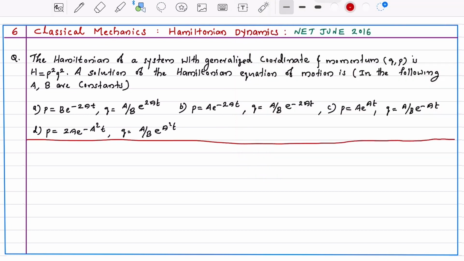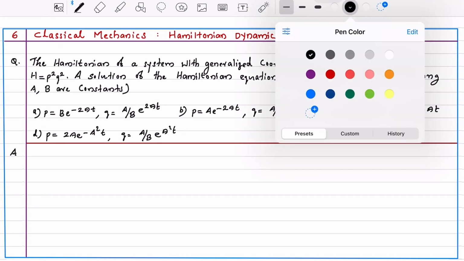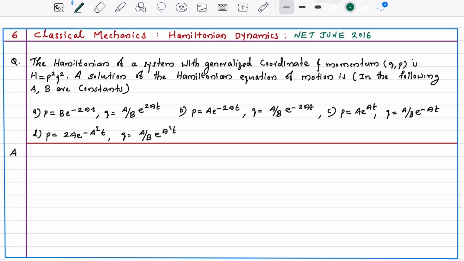Here the Hamiltonian is given. We have to find out the value of p and q in terms of the constants a and b. First, let us write the Hamilton's equations.